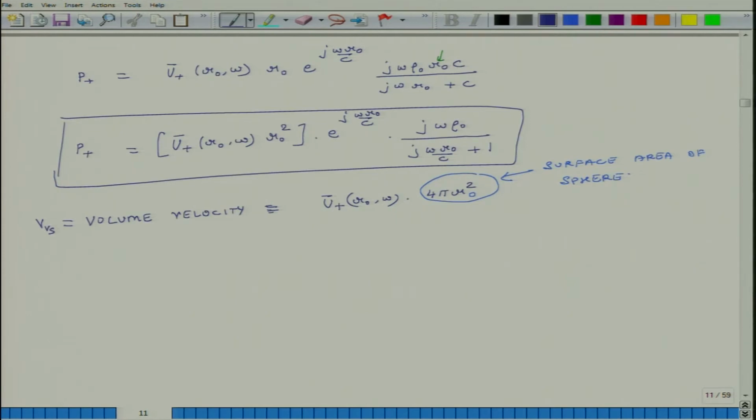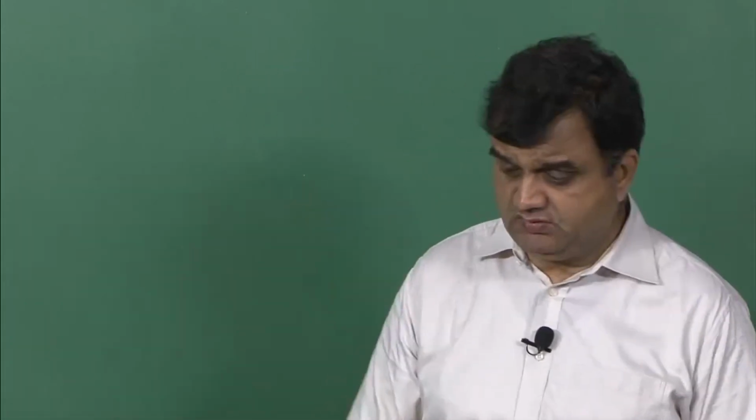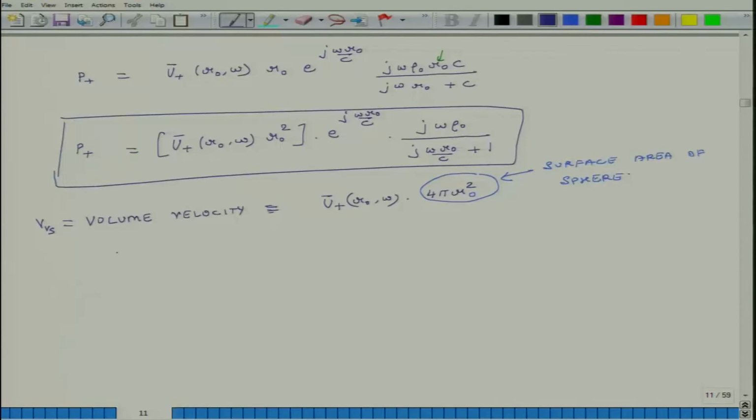Because the ball is the source of sound. So, this is VVS. So, I can say that VVS divided by 4 pi equals u plus bar evaluated on the surface of the sphere times r square. So, let us call this equation 1, let us call this equation 2.